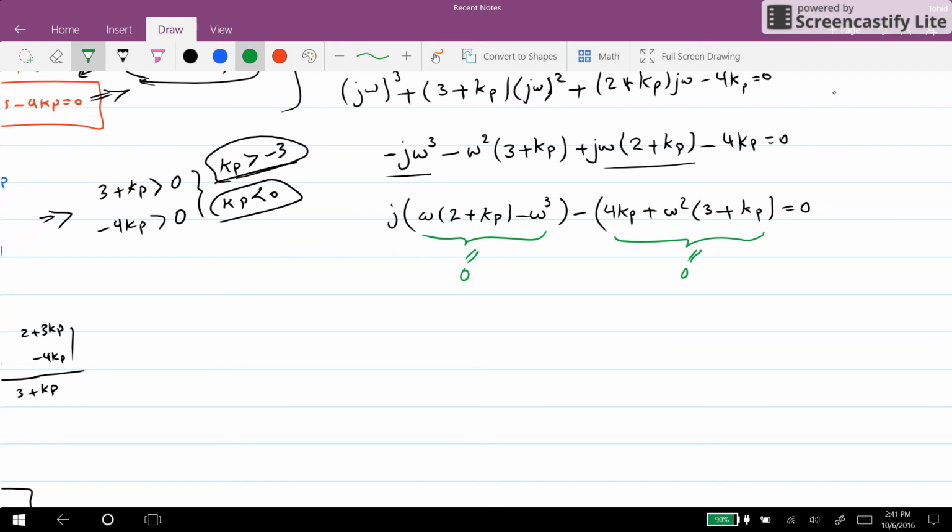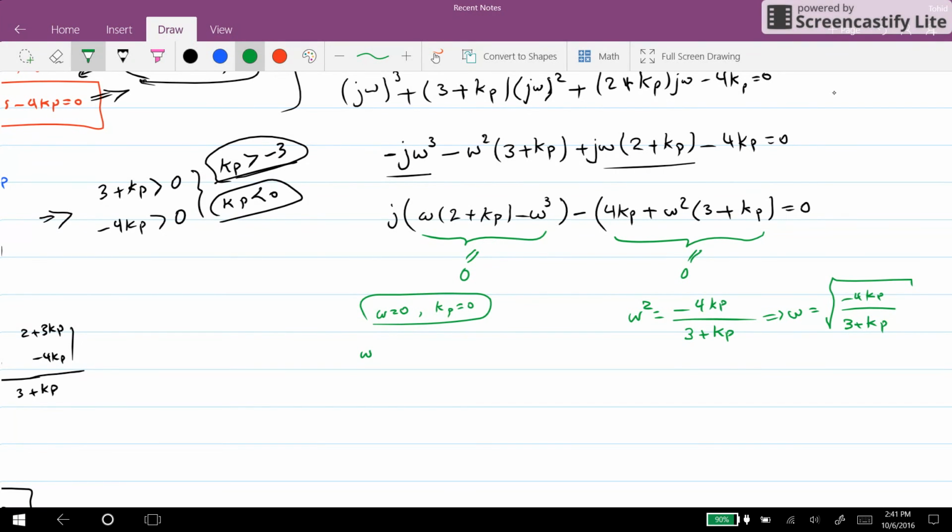So from here we have omega squared equal to minus 4 kp over 3 plus kp, and as a result omega will be the square root of minus 4 kp over 3 plus kp. And from here we have omega equal to 0, which is what we get for kp equal to 0 as well.